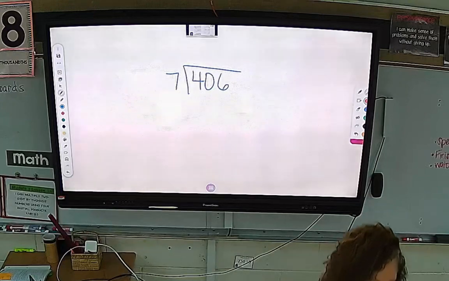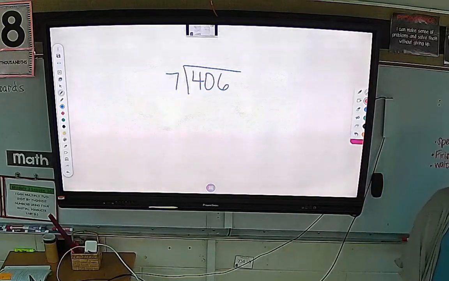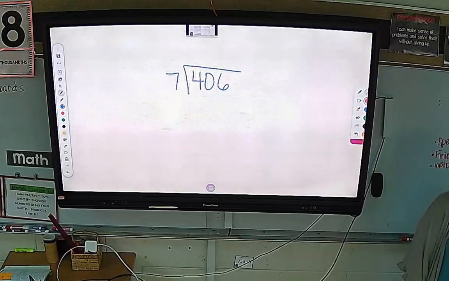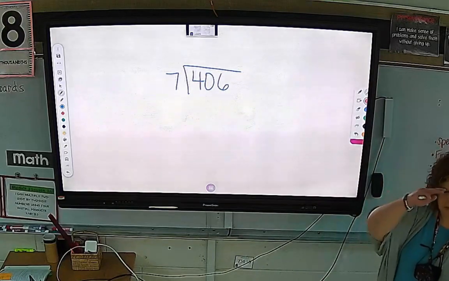Okay. The thing that's slowing some of us down is our sevens. How many sevens can we get out of 40? What's the most sevens that we can get out of 40? Okay, we're to the point we kind of need to automatically know this. What is 7 times 5?